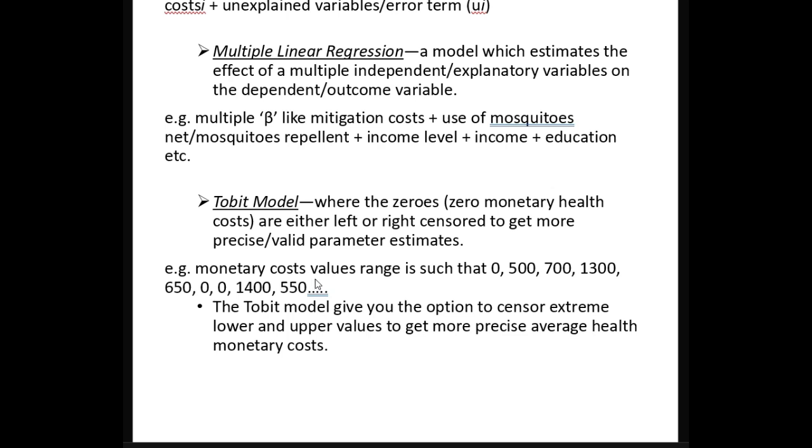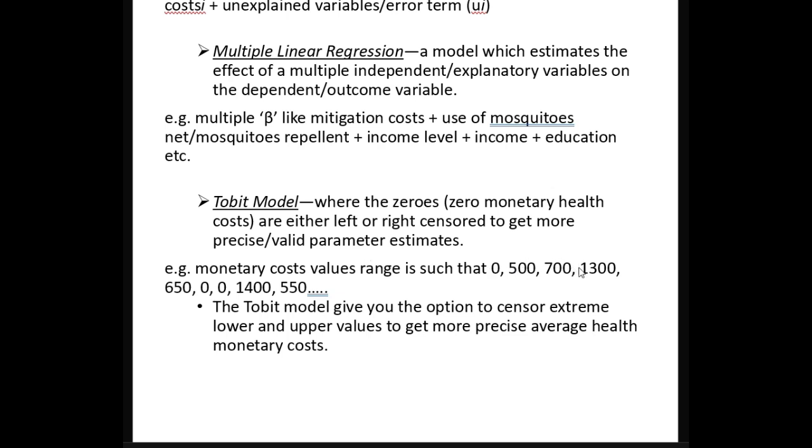And if your data contains a lot of zeros as well as very high values, such as this 1300, which is an outlier, you can do right censoring also. When you do left censoring, you say include values in my model greater than 0, so zeros will be censored.